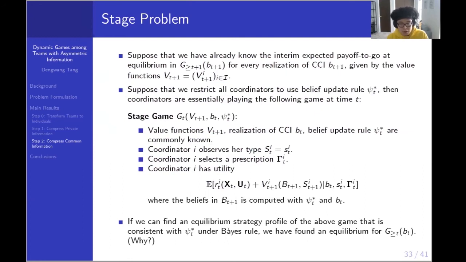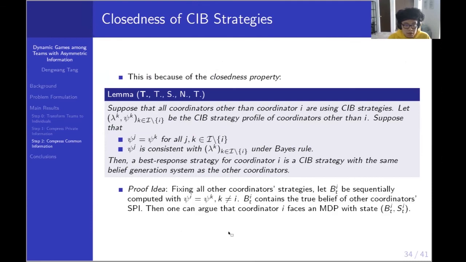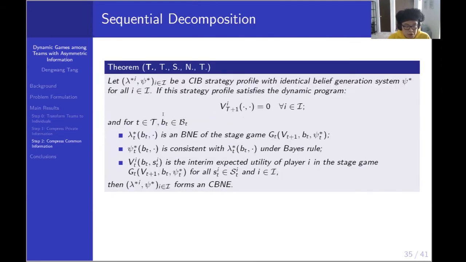If we can solve this problem, then we can go from t+1 to t. And this is exactly the idea of this whole theorem, where if we start from the last time period and starting from the value function that is 0, and we solve this intertwined stage problem backwards in time for each t, then we obtain a coordinators Nash equilibrium.